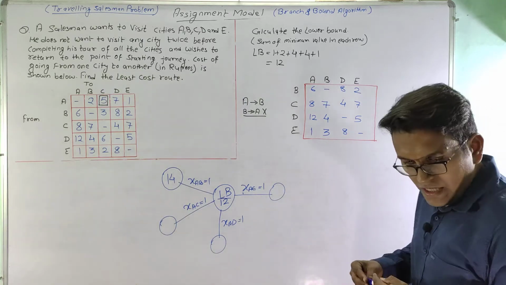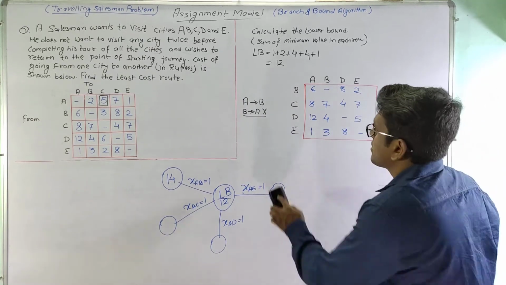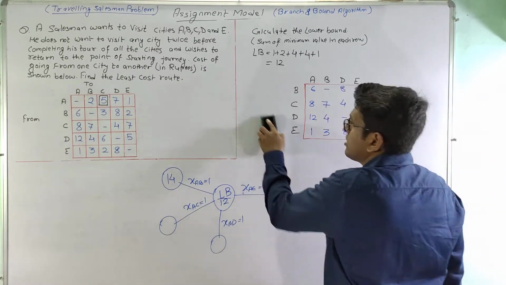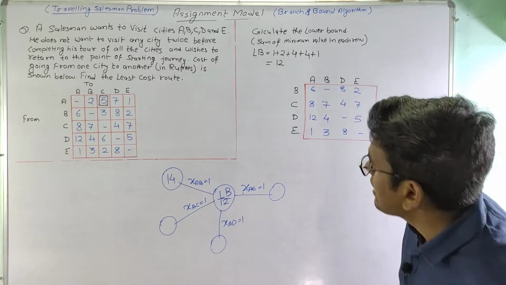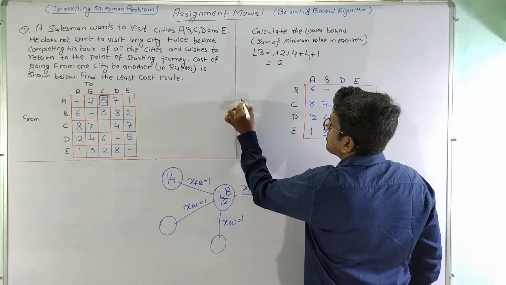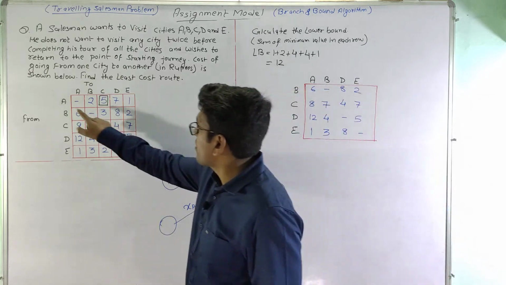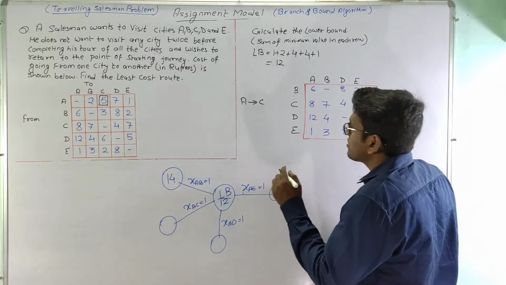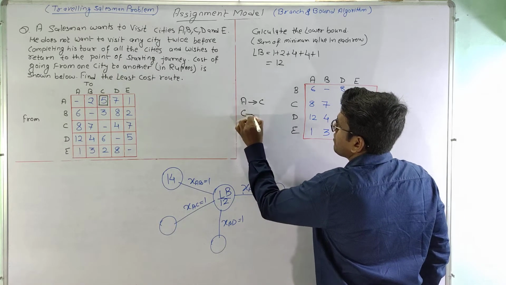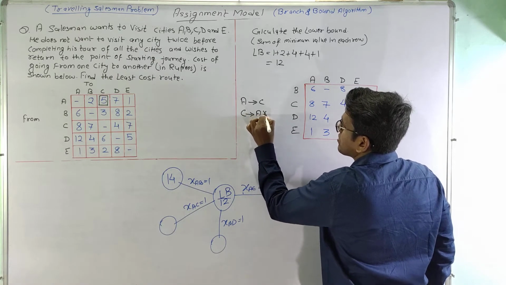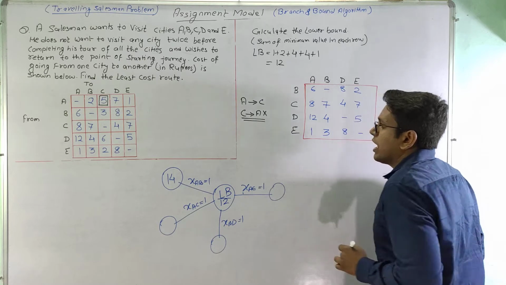So now, as we are saying here that the salesman is going from A to C, once he is going from A to C, it is certain that he cannot return from C to A. This cannot happen.